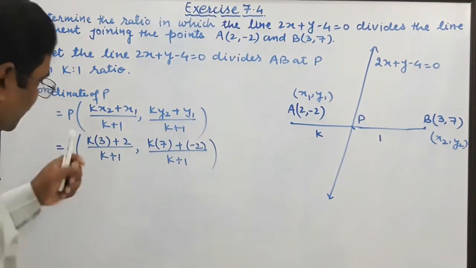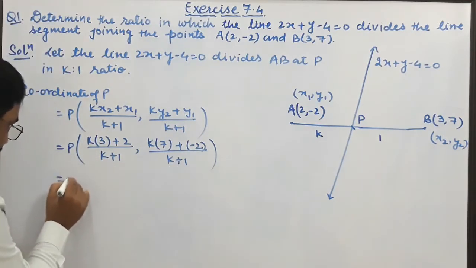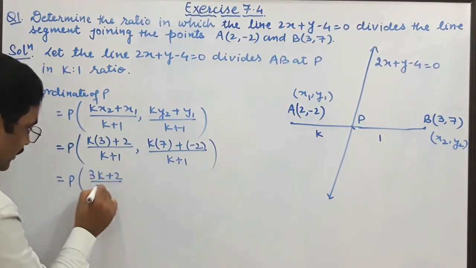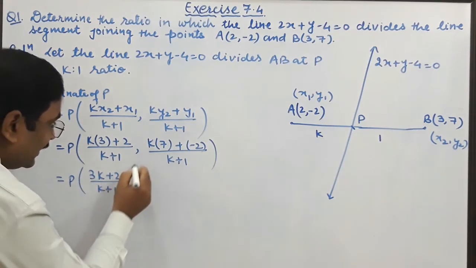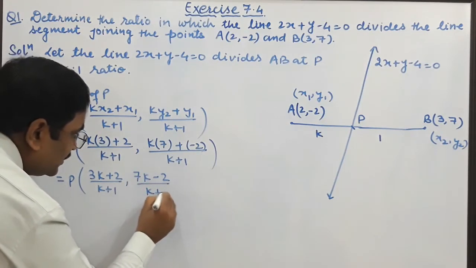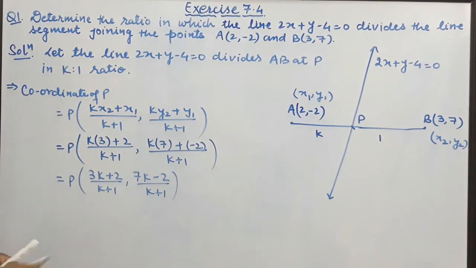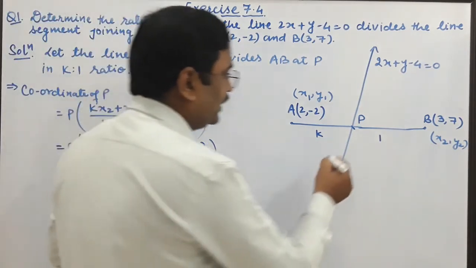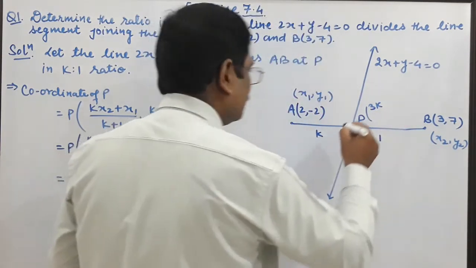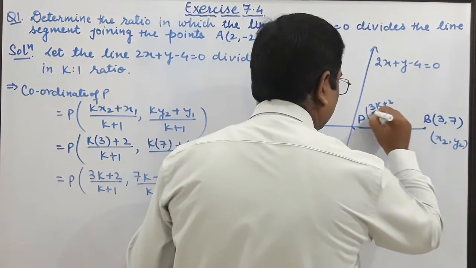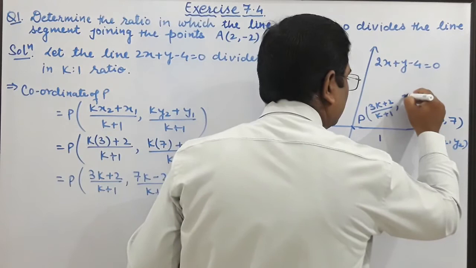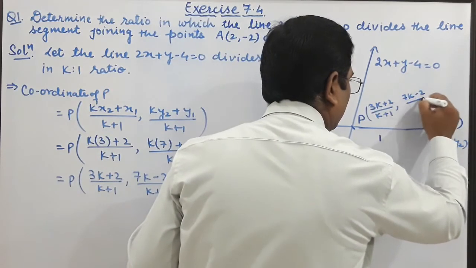Simplifying, you will get the coordinate of P as 3k plus 2 upon k plus 1, and 7k minus 2 upon k plus 1.